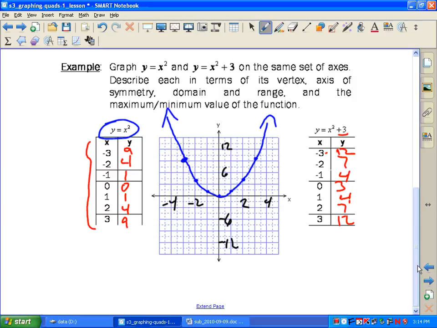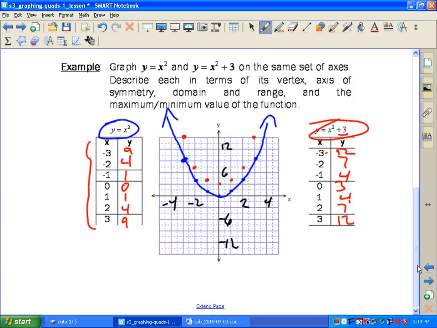Now, for y equals x squared plus 3, I will graph this one in red. So -3, 12. So that's like way up here. -2, 7. Which would be like about here. -1, 4, which would be like right here. 0, 3, which would be here. 1, 4, 2, 7, 3, 12.